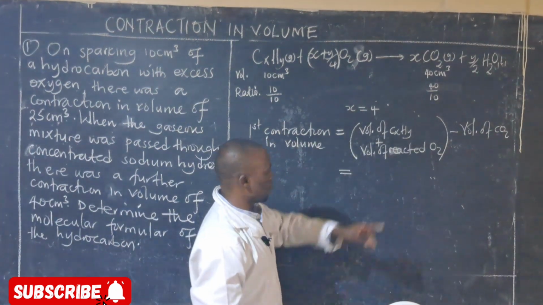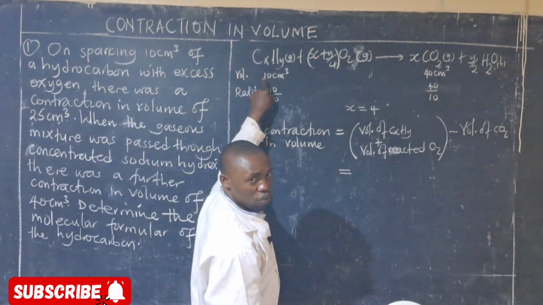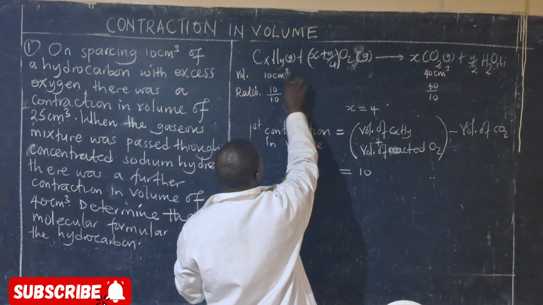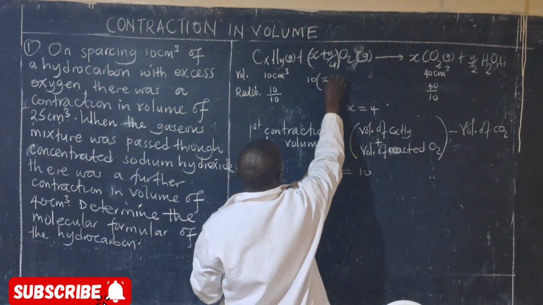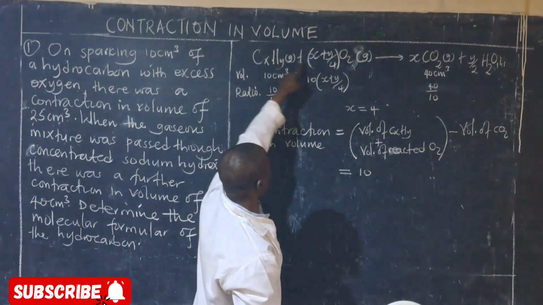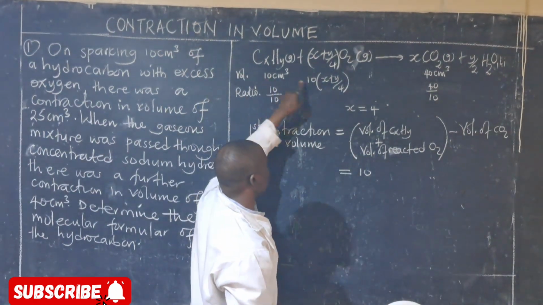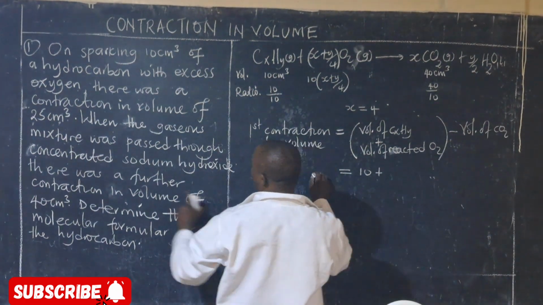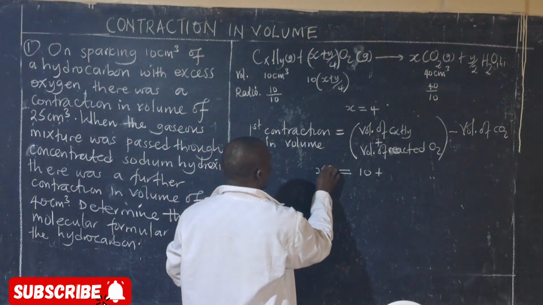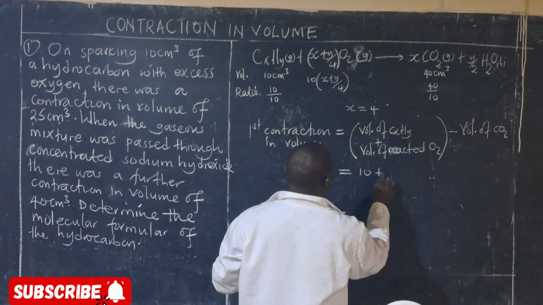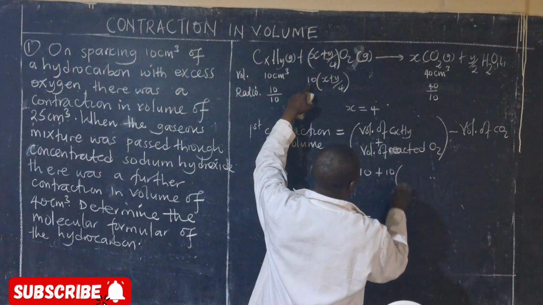The hydrocarbon volume here is 10, we introduced 10. The reacted oxygen is 10 into x plus y out of 4 by mole ratio. This is 1 to this, so if this is 10, this is 10 into this. The first contraction was 25, so 25 equals 10 plus this.